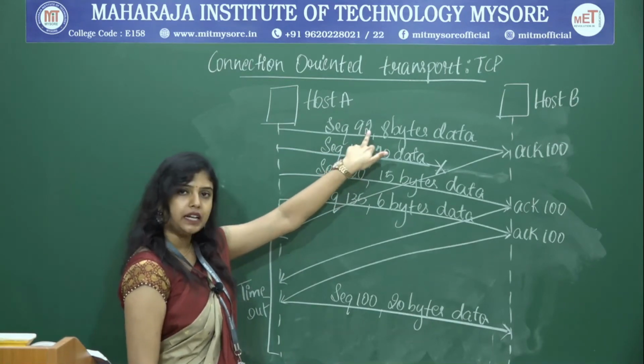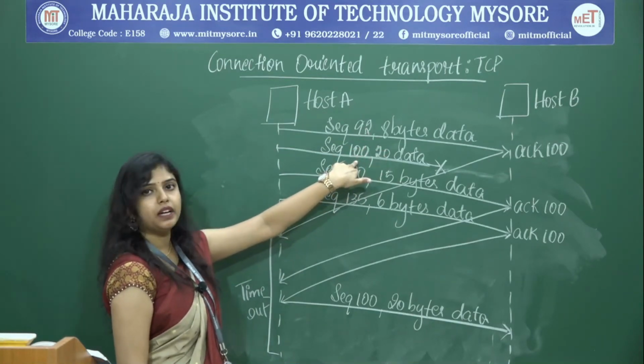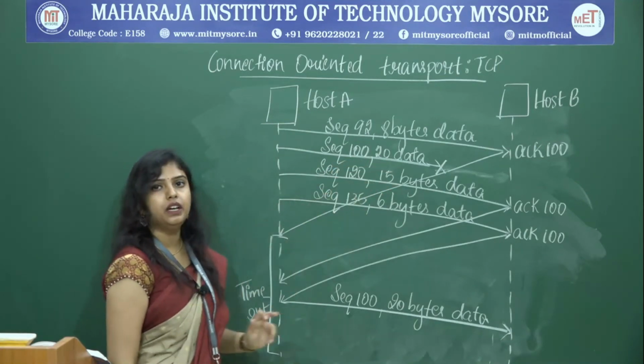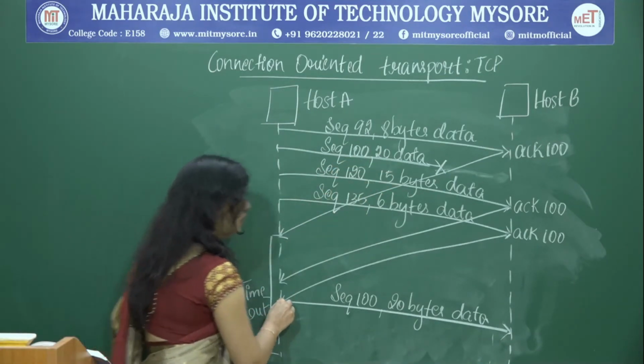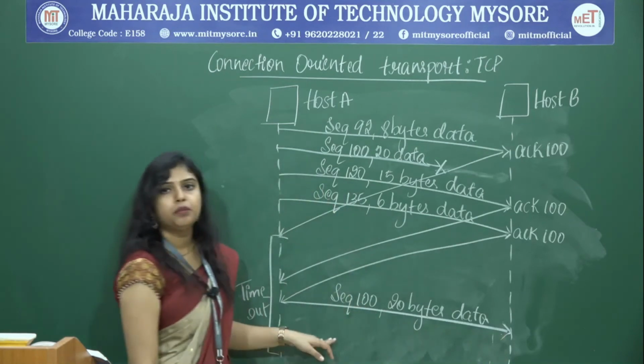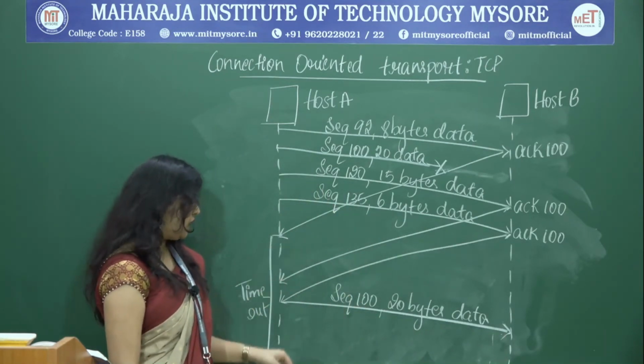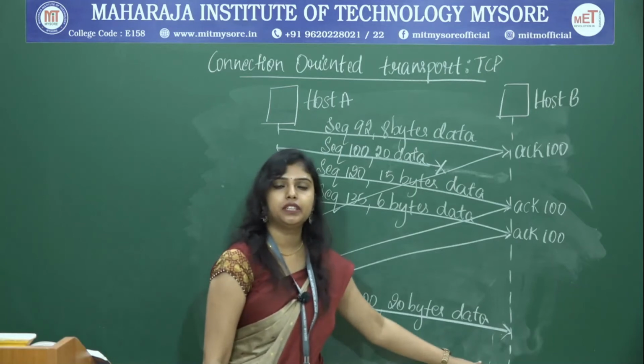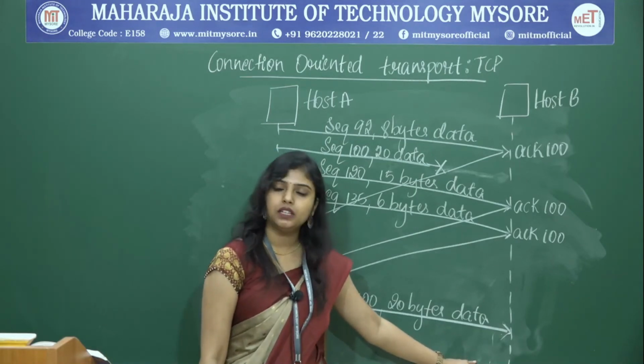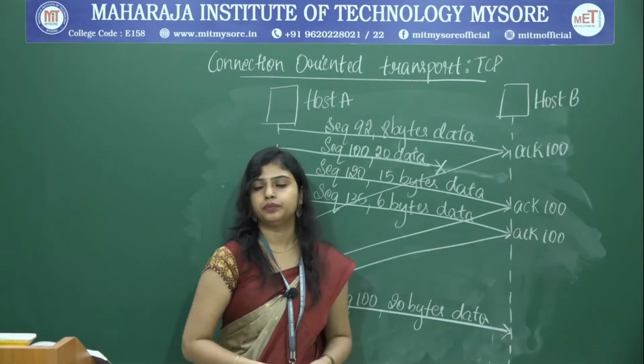Sequence number 92 is correctly received, the sequence number 100 packet is lost, it is not received by host B, and I have to retransmit the same packet. So before the timeout can occur, the retransmission is happening. That is why the name fast retransmit.